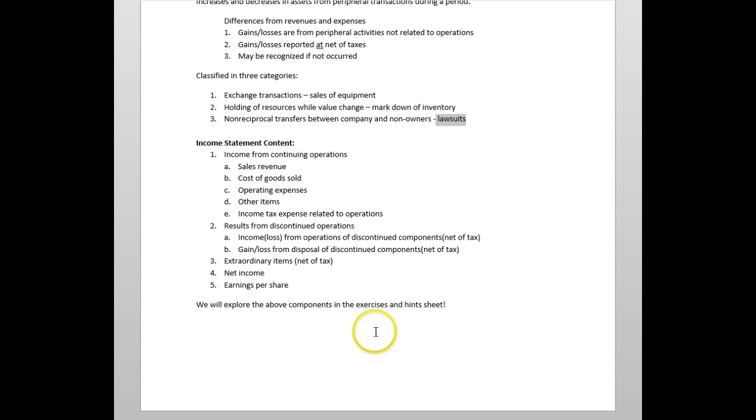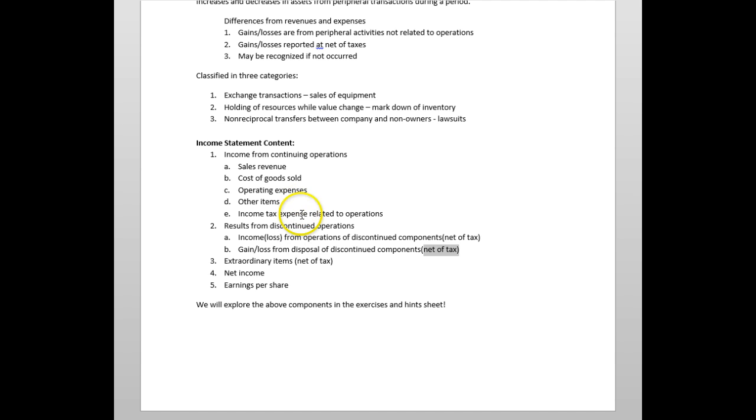The final thing we look at is the content of the income statement. We're going to look at each one of these. You've got the income from continuing operations. That's going to involve sales, cost of goods sold, operating expenses, and other items. Then you're going to tag in your income expense as related to these previous items. You're going to then put in the results of discontinued operations, the income of that operation before it was discontinued that year, net of tax, the gain or the loss of the disposal of it.